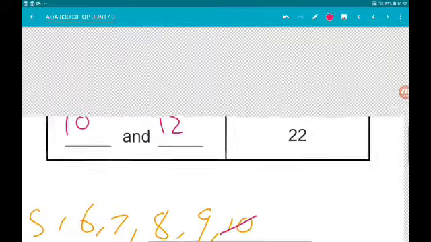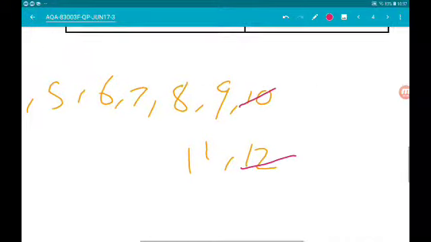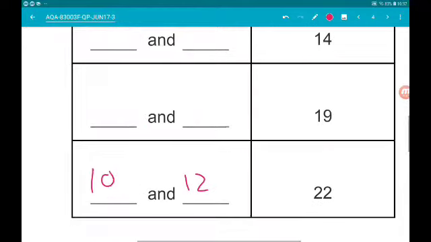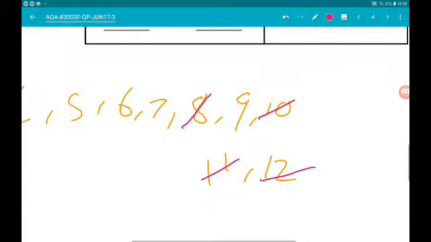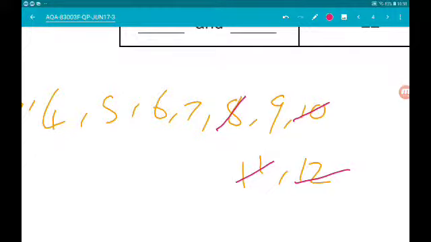Now 19. Again, there's only one way that we can make that, and that is by doing 11 add 8. Next one, 14. Again, there's now only one way that we can do that. It's going to be 9 and 5.